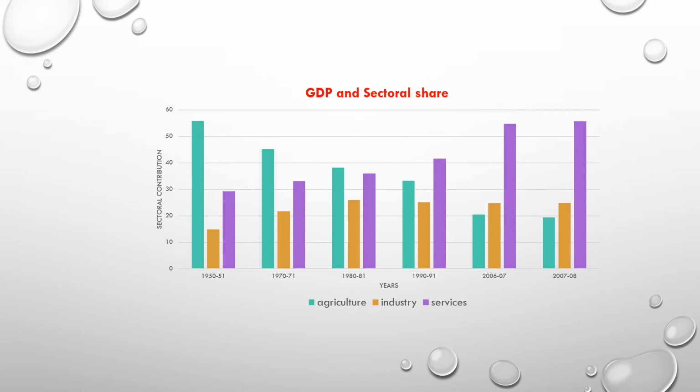I marked it here. In 1950-51, agricultural sector contribution in our GDP was very high, but the contribution of industrial sector was very low.